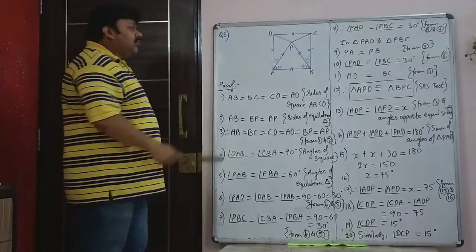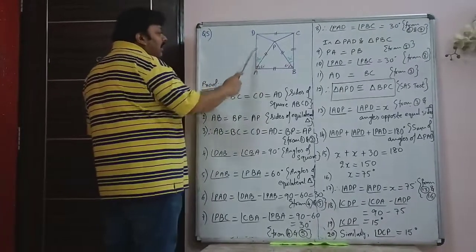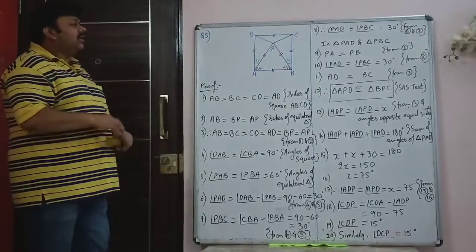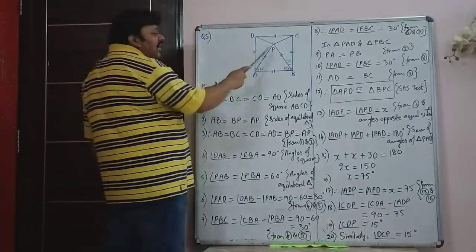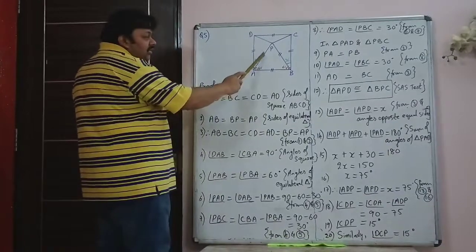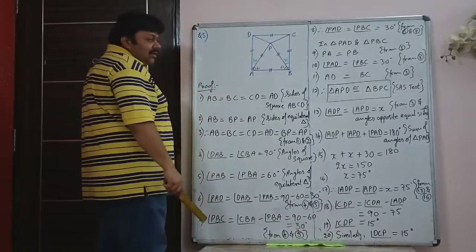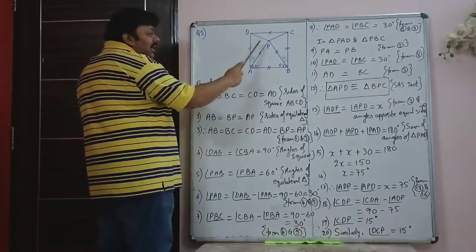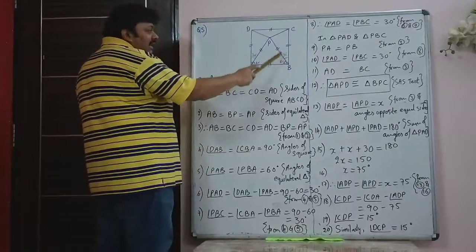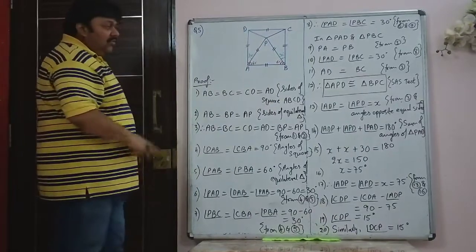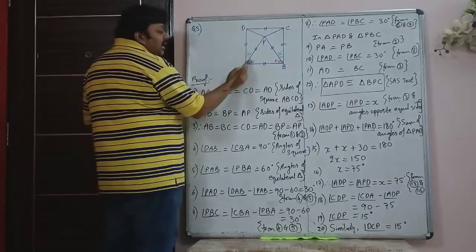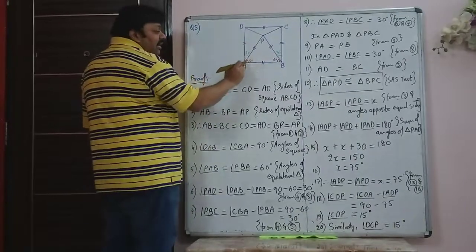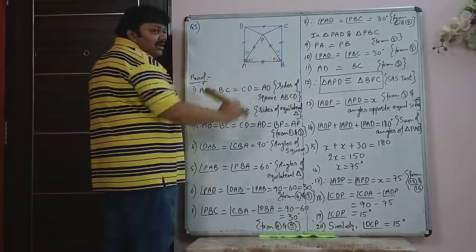Now they have asked you to prove PAD and PBC are congruent. When you look at it, it is simple. You can see sides of square, sides of equilateral triangle, and then you have to prove that DAP and CBP are both equal. Why are they equal? It is the angle of the square, that is angle DAB, minus PAB, that is the angle of the equilateral triangle.